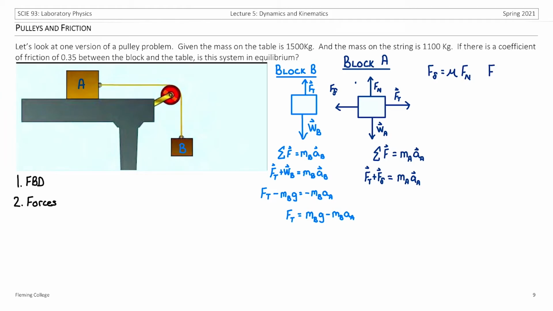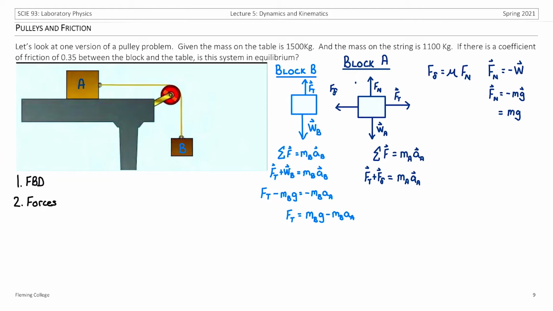Also, the normal force is equal to negative the weight. And we know this because the object is going to stay on the table. It's not going to suddenly gain an acceleration up or down, which means that the force normal will be equal to negative of mass times gravity, which means in our case, it will just be mass times gravity after we take out the vector consideration of gravity.